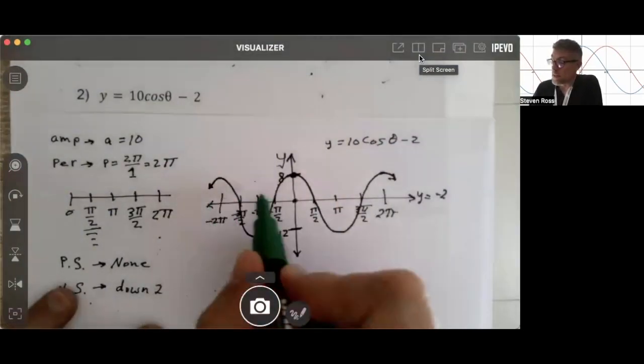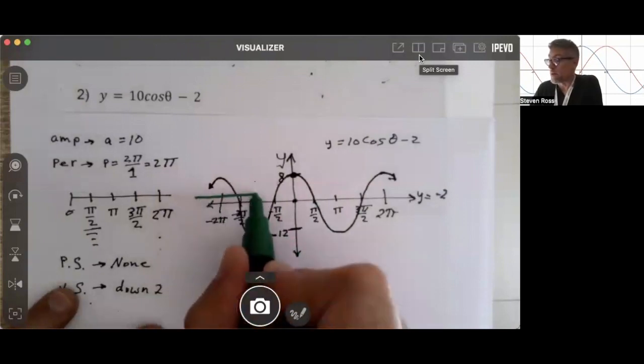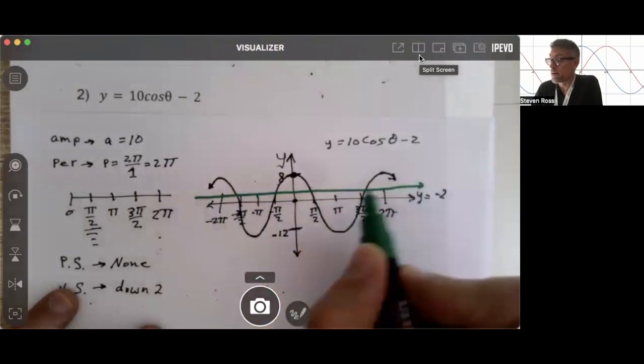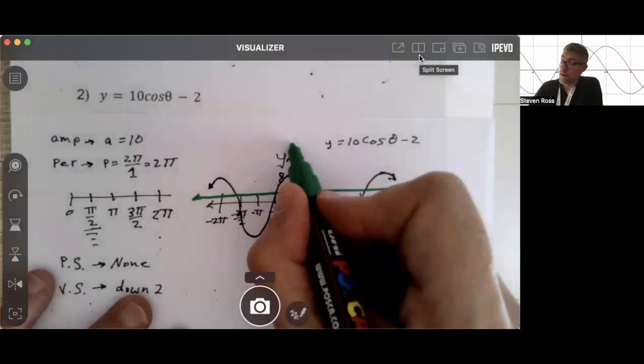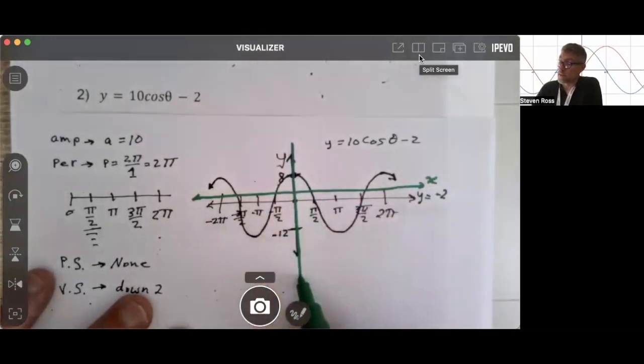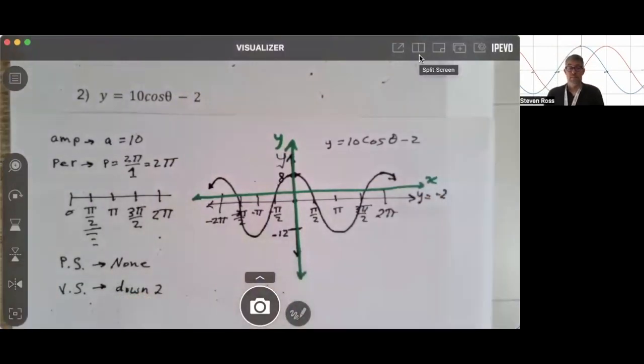And let me see. Let's put an x-axis. It would be right about there. That's the x-axis. And then the y-axis is going to be unchanged. Y-axis will be right there. And that one is finished.